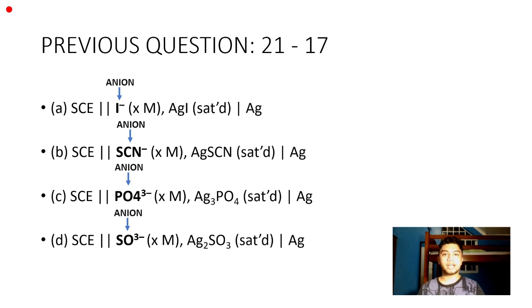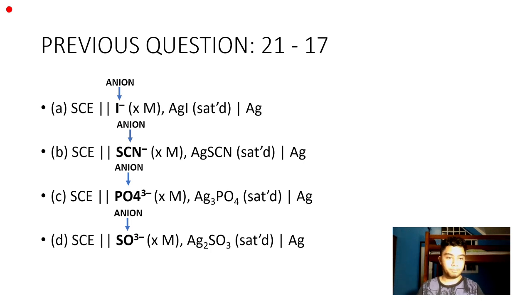Since it is asking for the relationship of the pX ion with the E cell, we can tell that there is an anion in the shorthand notation. The anion is the substance with the negative value on the superscript.